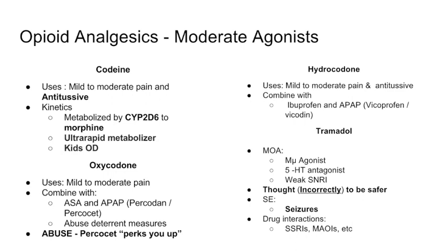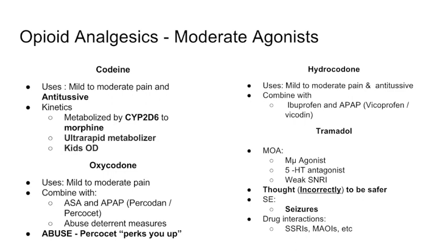We come now to tramadol. Tramadol is another one of those funky ones with mixed receptor abilities. It's also a serotonin antagonist and a weak SNRI. As I made the point earlier, it's thought to be a weak mu agonist and therefore a safer opioid. Wrong. It is not. It has just as much abuse potential as all of the other opioids.